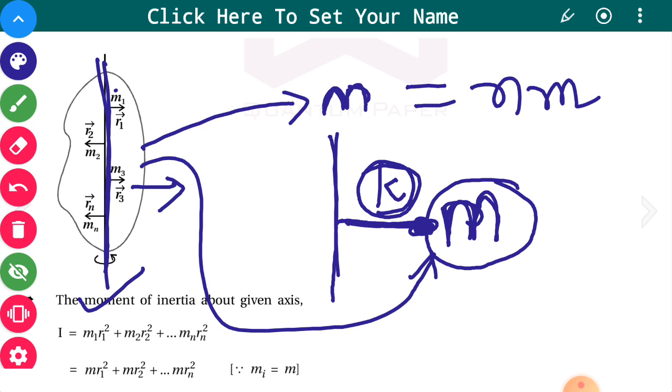And the distance is taken as the average of the square of all the distances of different particles, which is k square, and you take the square root, it becomes k. So at this distance k, you keep a particle having mass equal to the mass of our rigid body, and this distance k is called the radius of gyration.